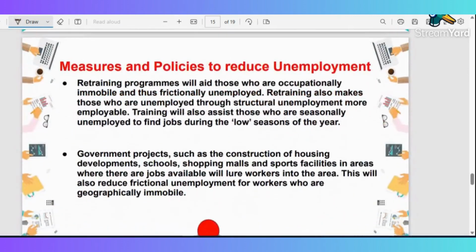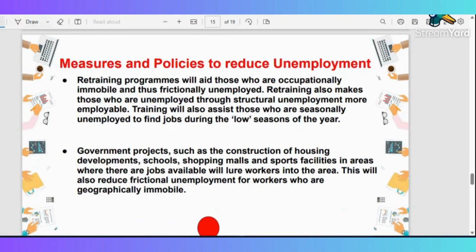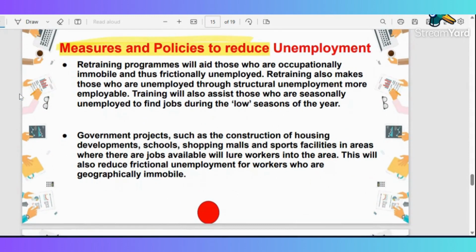Now we have measures and policies that are being put in place to reduce unemployment. The government can put in place retraining programs, right? Retraining programs aid those who are occupationally immobile. Remember we said that earlier.